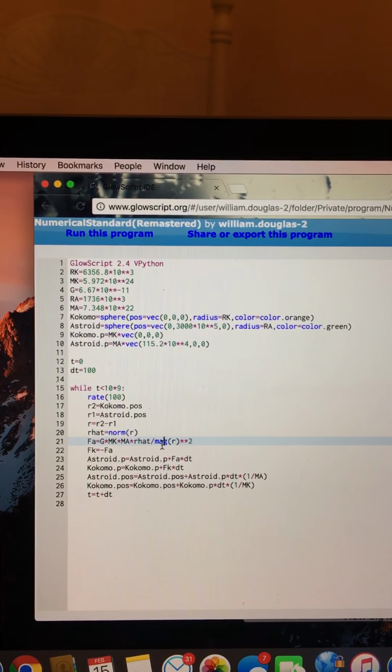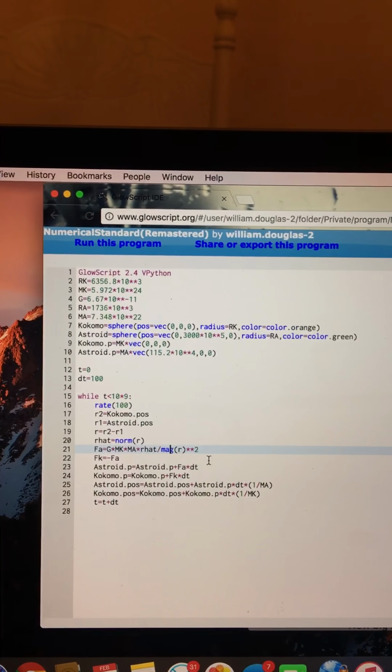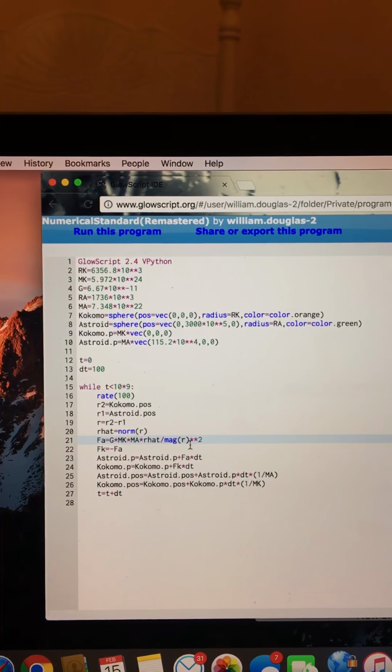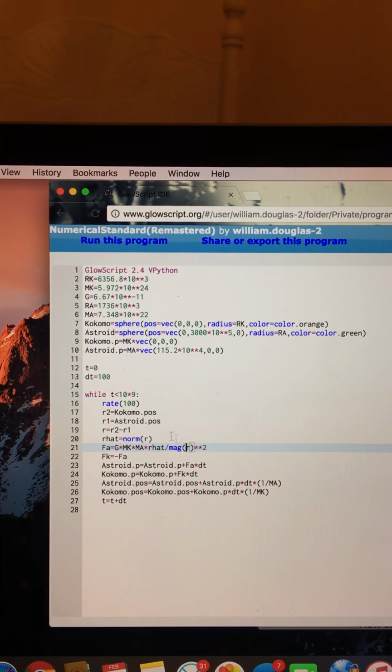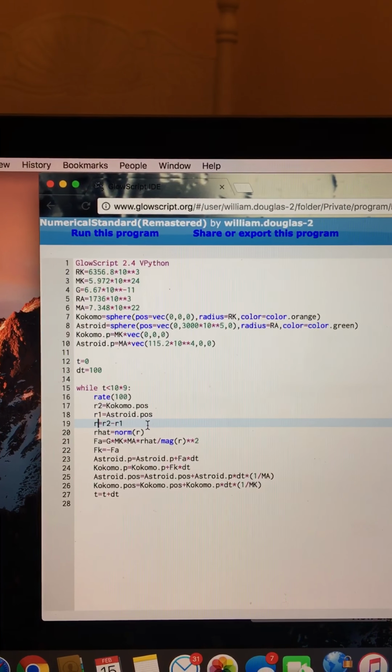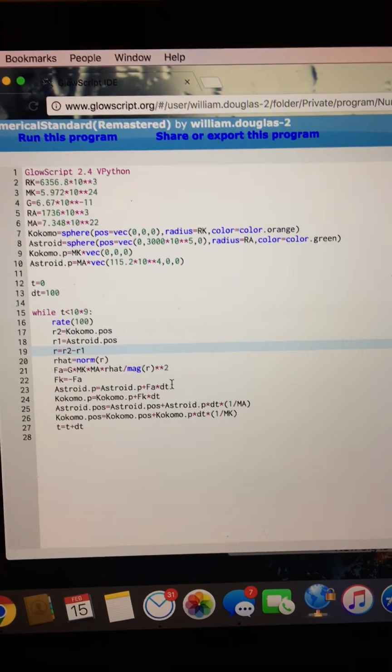And then I want that all to be divided by the magnitude of r squared, which I'm going to get from this part of the code right here.